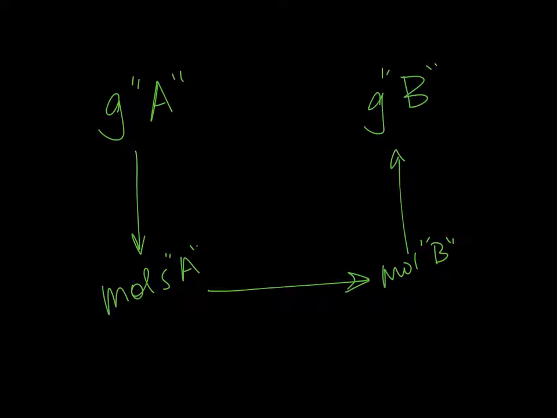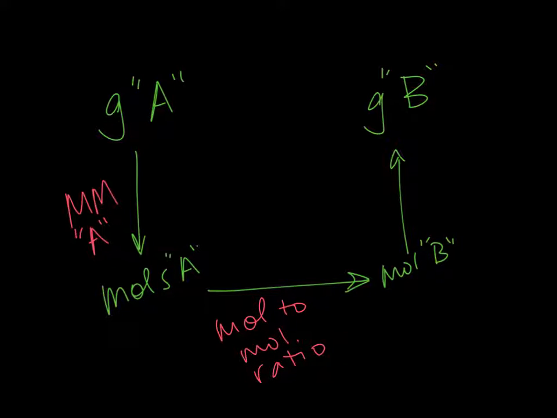So to get from grams of A, right here, to moles of A, grams to moles is going to be molar mass. And you have to use the molar mass of whatever A is. And then to go from moles of A to moles of B, you have to use a mole-to-mole ratio. And that's from your balanced reaction.